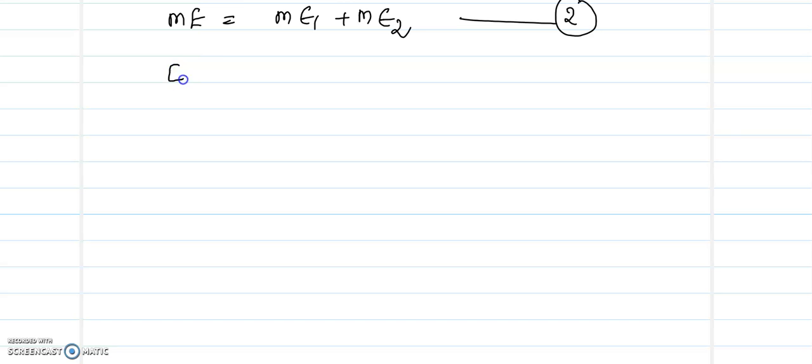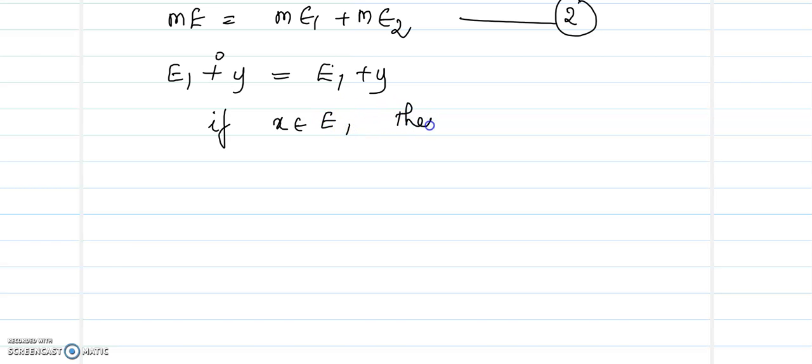Now similarly, when you take E1 plus y, y is an element between 0 and 1. So if x belongs to E1, then x will be between 0 and 1 minus y.